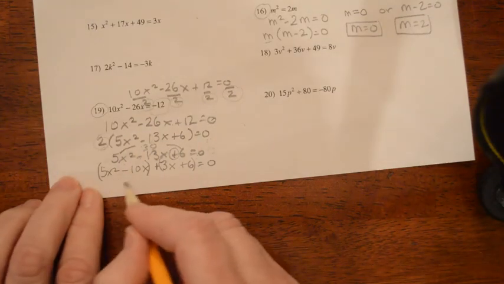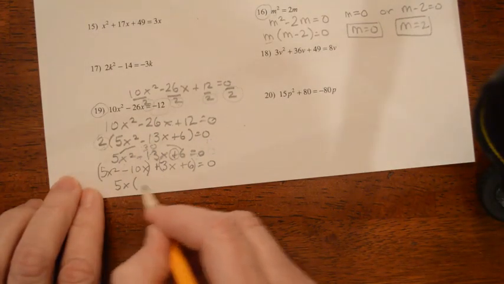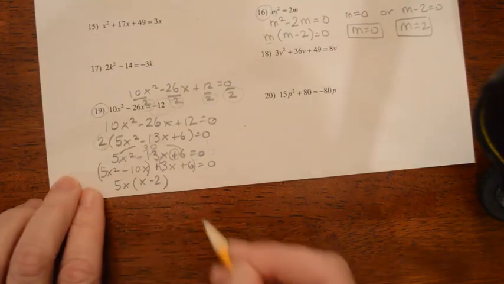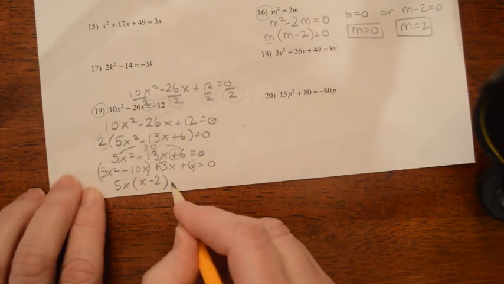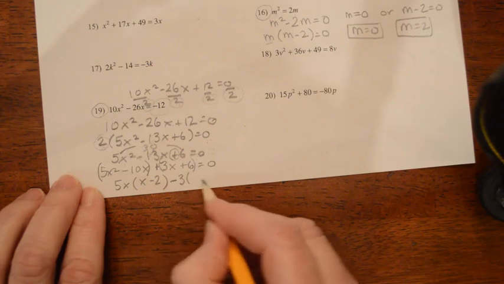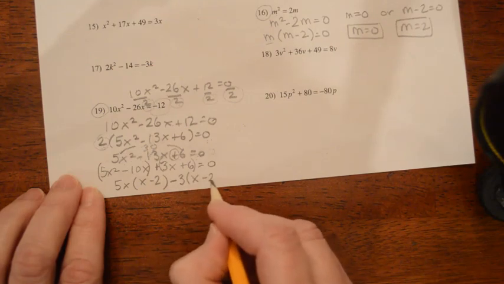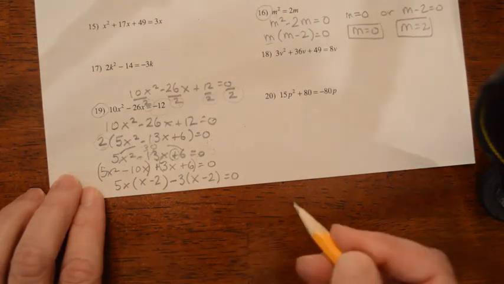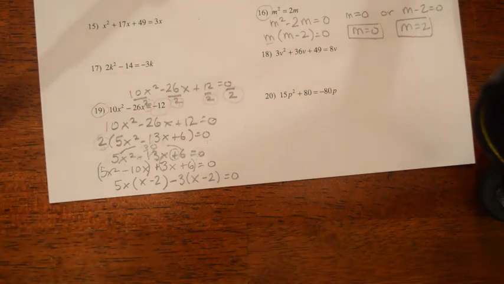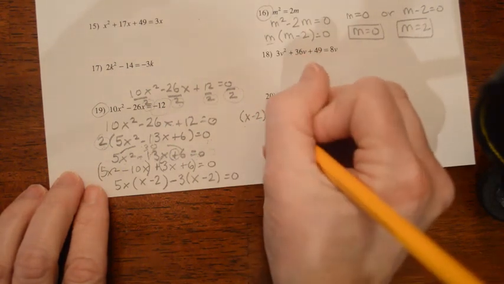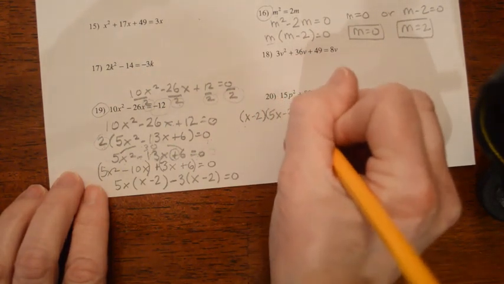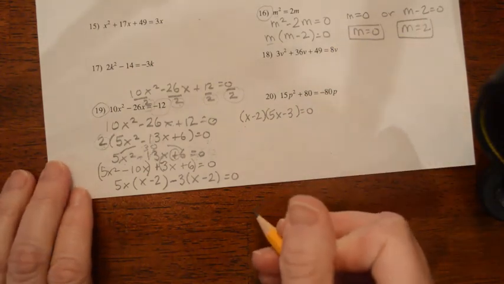I'm going to take out a 5x from here. This is x minus 2. I'm going to take out a negative 3 from here, and this is going to be x minus 2. Now I'm going to take out the x minus 2's, and I'm going to get x minus 2 times 5x minus 3 equals 0.